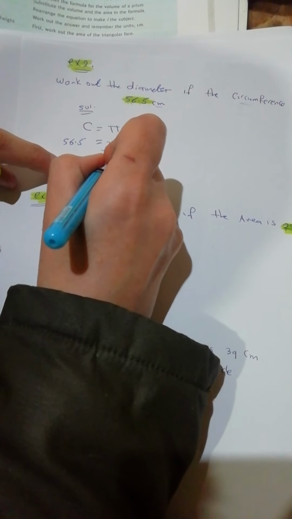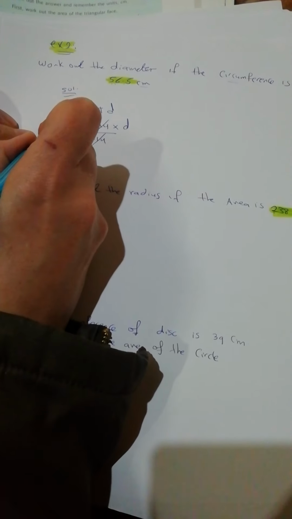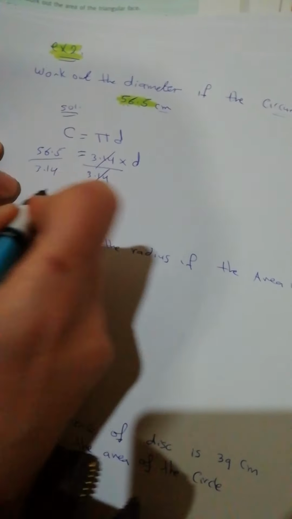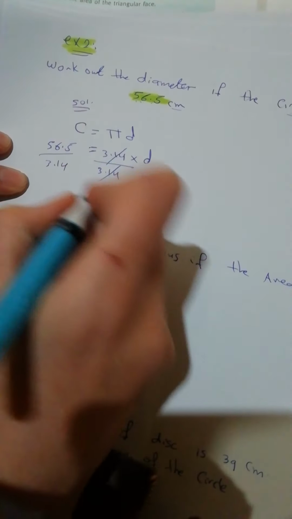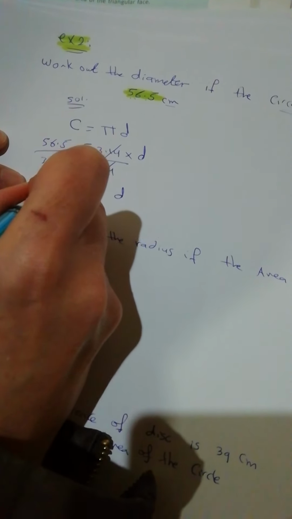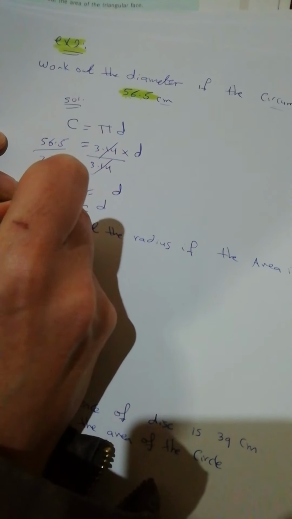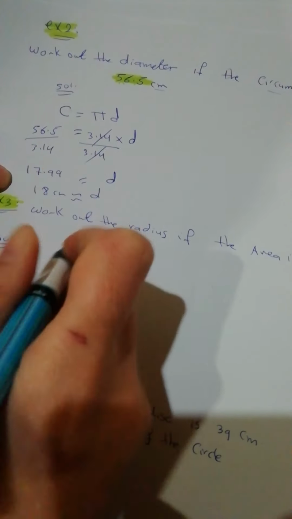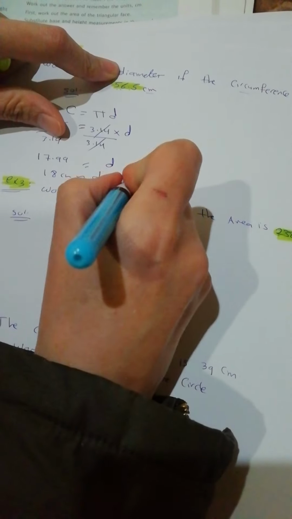Now divided by 3.14, 56.5 divided by 3.14, which is the diameter, equals 17.99, approximately 18 centimeters. If the question is asking about the radius, it will be half of it, which is 9, so the radius is 9 centimeters.